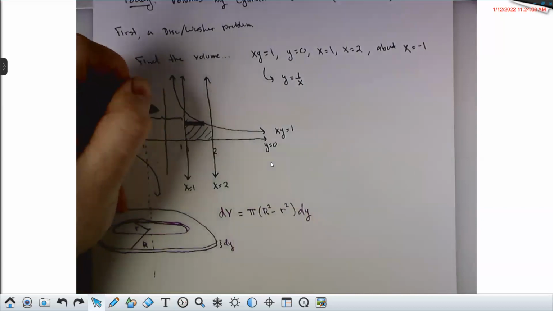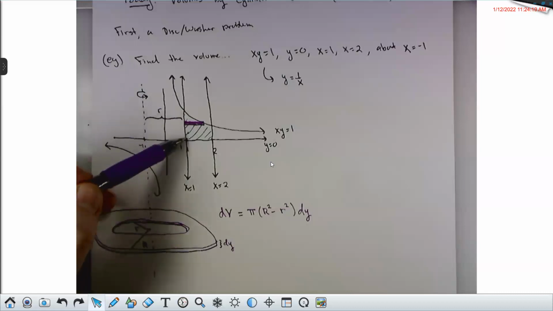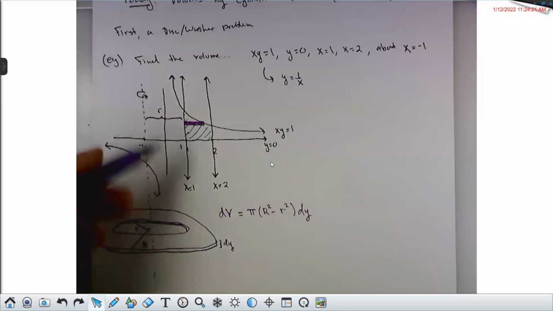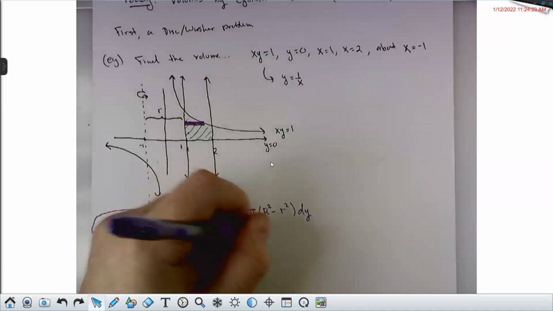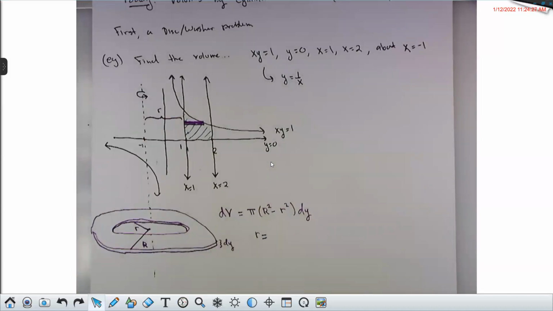It is this distance. And remember, we're thinking of this as a function of y. We need to know what this radius is everywhere through here. So if the strip was up here, what is the inner radius? If the strip was down here, what is that inner radius? Can anybody help me with little r? What is the distance from the near end of the strip to the axis of rotation?